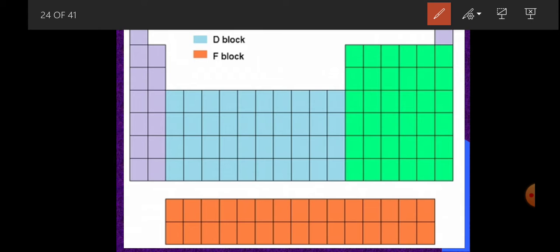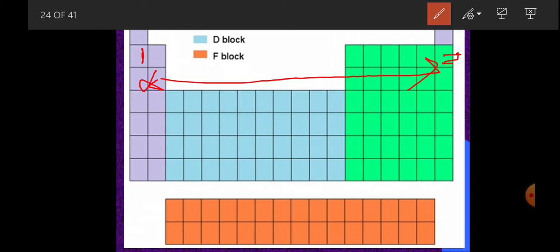The groups are normally counted from this direction going all the way across, and as you can see, we can count group 1 from this point and end at this point, so we can count 8 of them.